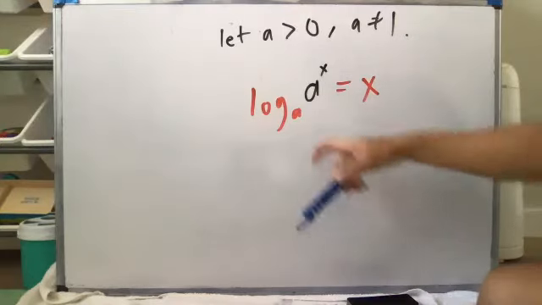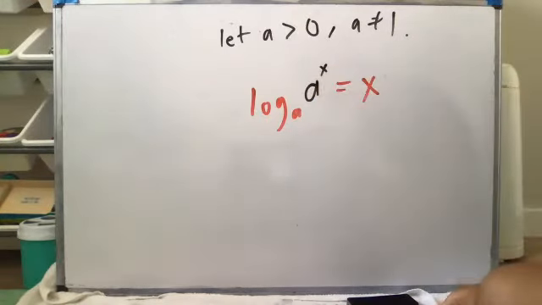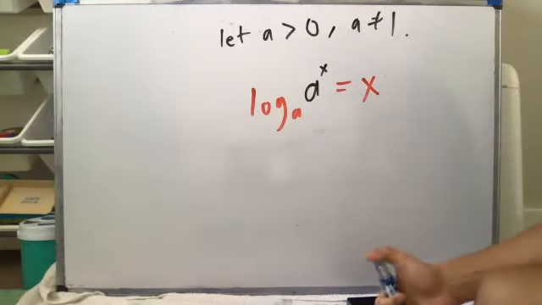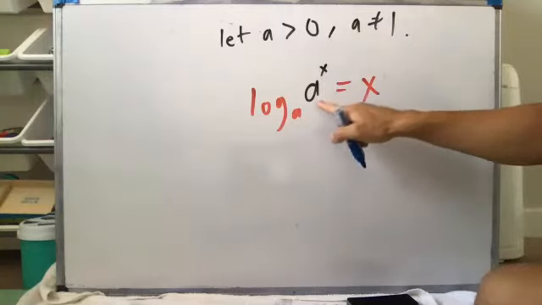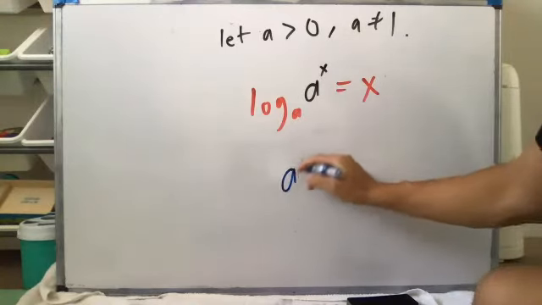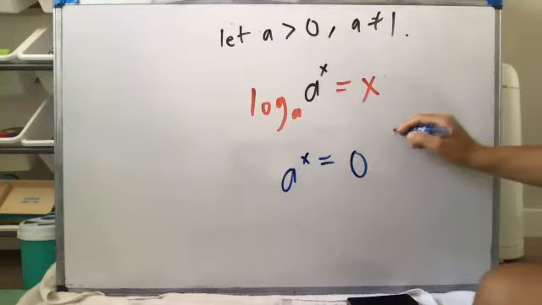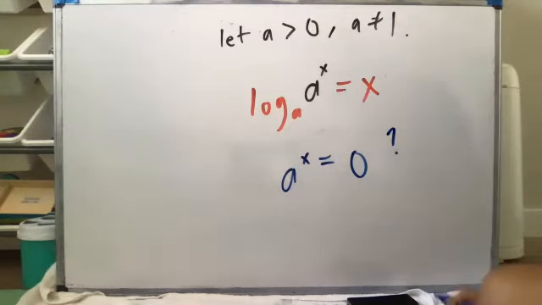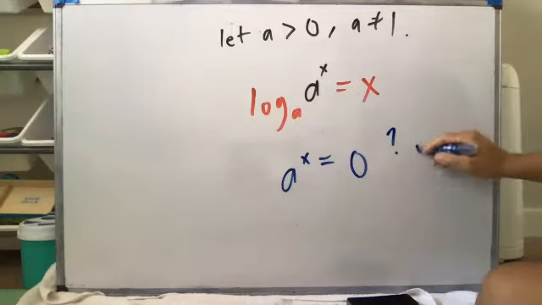It says that a to the x is equal to whatever this is. It's just a rearrangement of the exponential function. So the reason why a cannot be 0 or less is because you're looking at a to what power is equal to 0, right? But there's nothing that you raise to a power that's going to give you 0. So this is actually undefined.